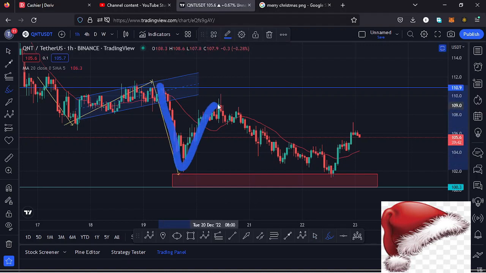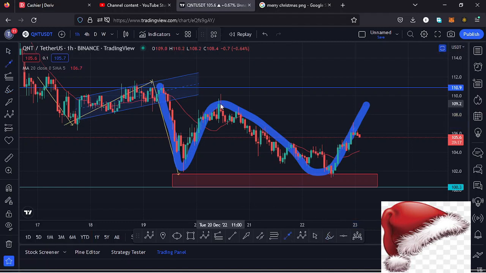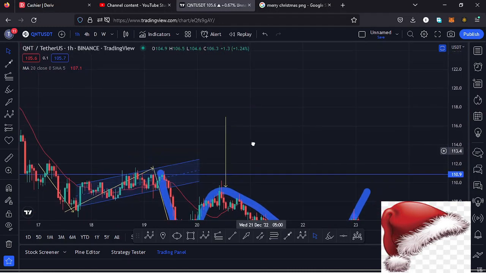Then we have seen the formation of the neckline, we have also seen the formation of that other bottom, and very soon I'm expecting Quant to continue pushing higher, given that we have managed to break above the 20-day MA and it's now acting as support. Continue pushing even higher, get back to the neckline, and then from there we can expect a breakout to the upper side, and the minimum target area of the breakout can be given by the height between the neckline and the bottoms. So we can get that height and then place it above the neckline, and that gives me a minimum target area back to around the $116.9 mark.